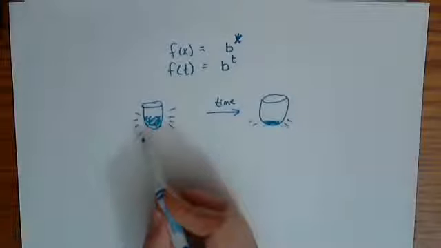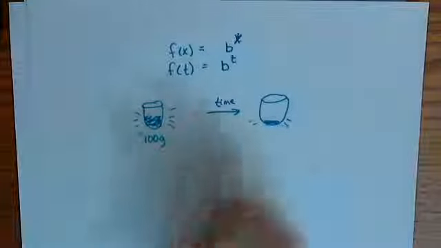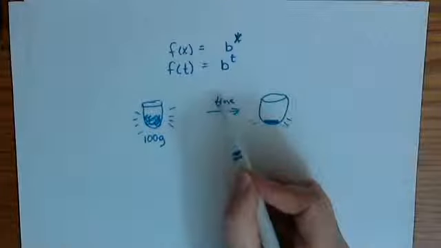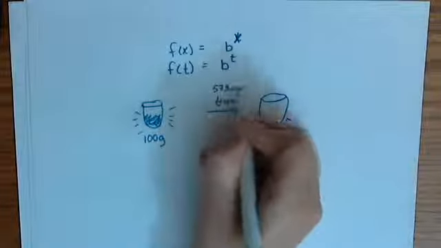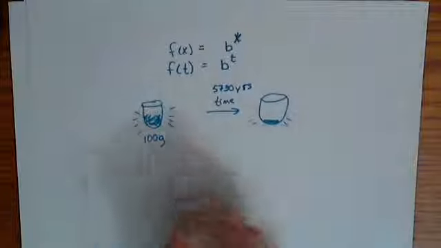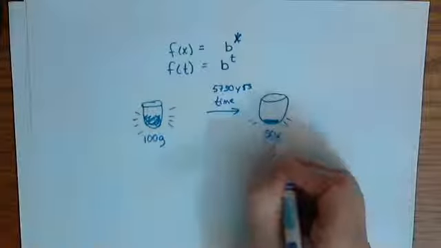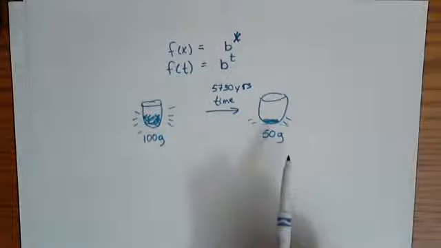So what you want to think about is, well, if this was 100 grams, the half-life, in our case, 5,730 years, when that time is gone, if this was 100 grams to start with, it's going to be 50 grams when that period of time is over with.